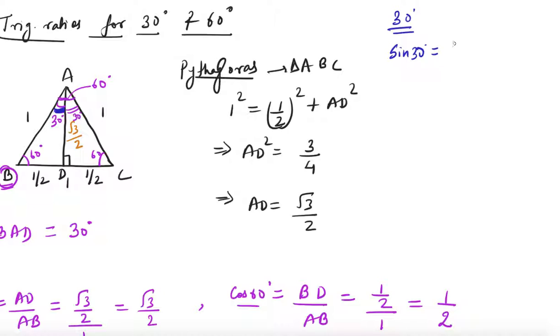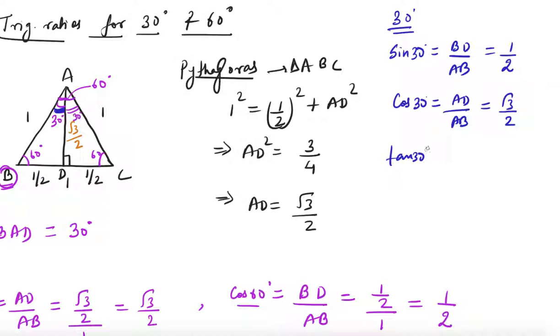So sine 30 is BD by AB, the perpendicular divided by hypotenuse AB, which gives 1 by 2. Similarly, cos 30 is base by hypotenuse, AD by AB. AD is root 3 by 2, so cos 30 is root 3 by 2. Tan 30 is perpendicular by base, that is BD by AD, which gives 1 by root 3.